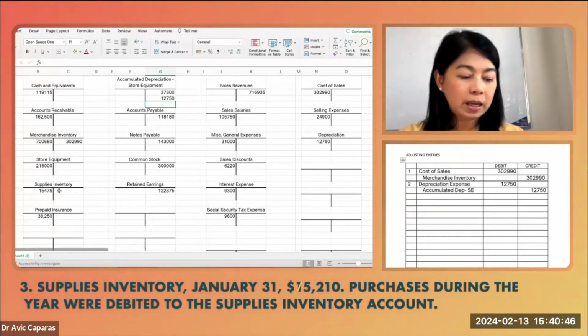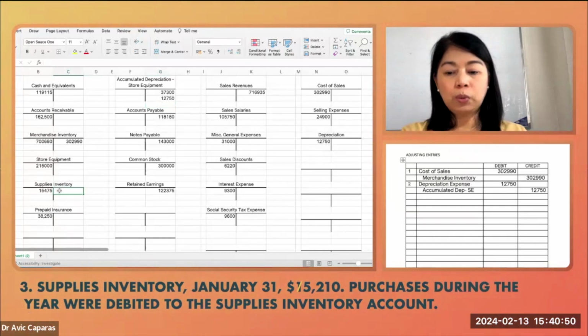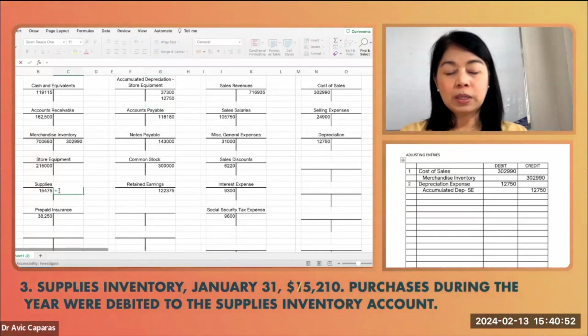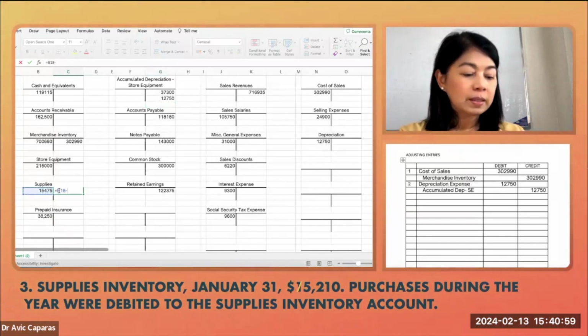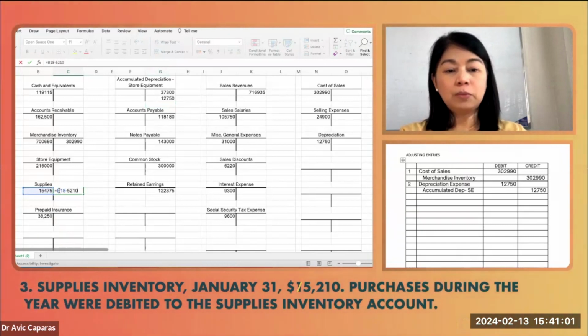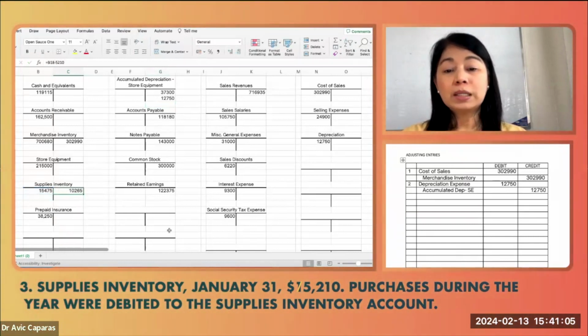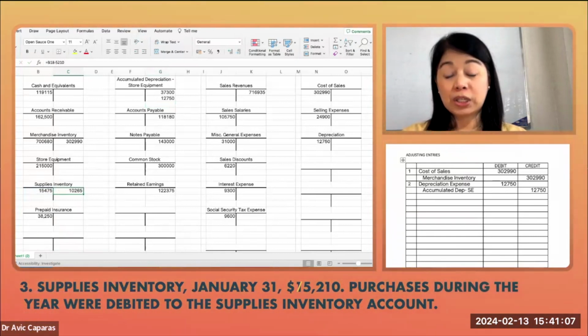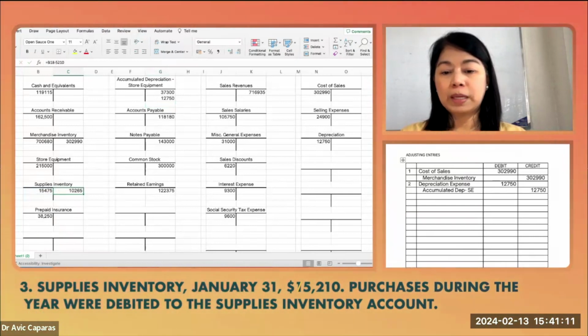But it seems that now what has remained is 5,210. So what we will do is compute the expense: 15,475 minus 5,210, which is the inventory. So there is an expense of 10,265, which we should adjust. Credit supplies inventory, debit supplies expense.